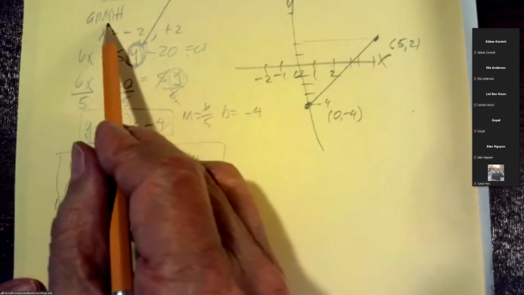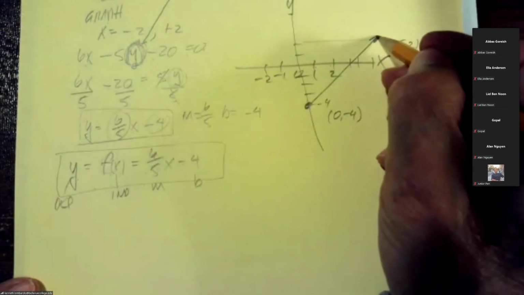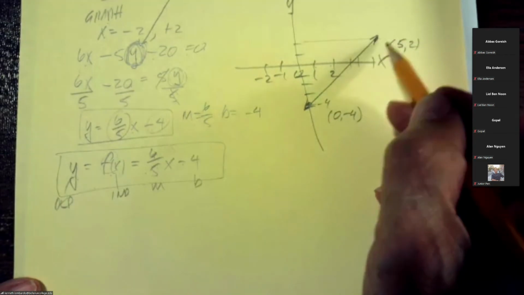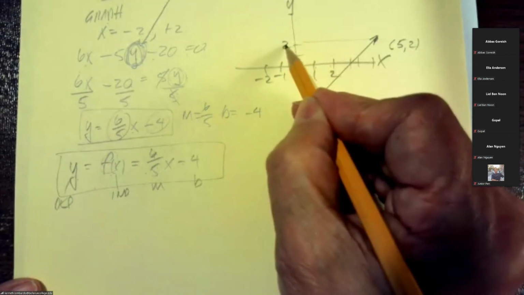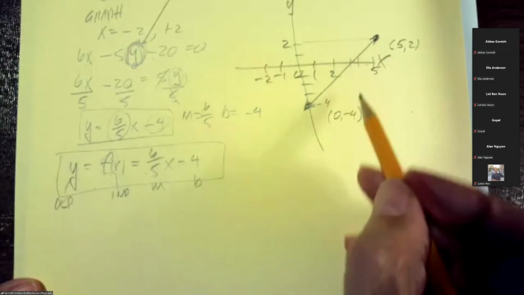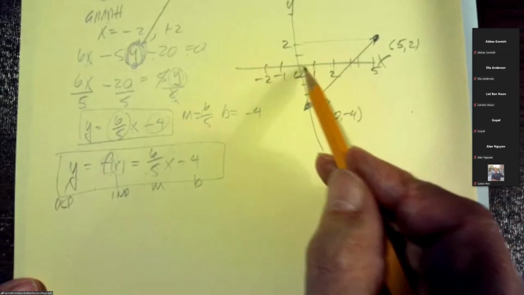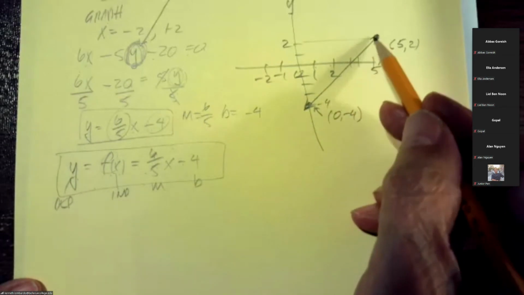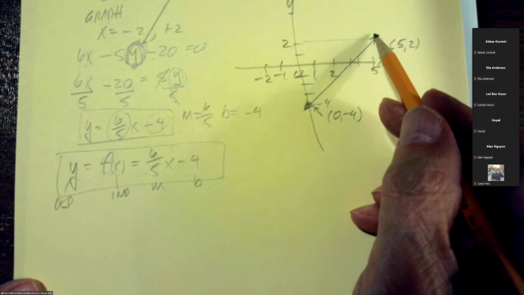So if we're saying graph this thing, I could put arrows on there saying it continues to go. And I have a point at 5 and 2, which is located here. And I have a point at 0 and negative 4, which is here. And I connect those 2 points, and I should have a line that does that.